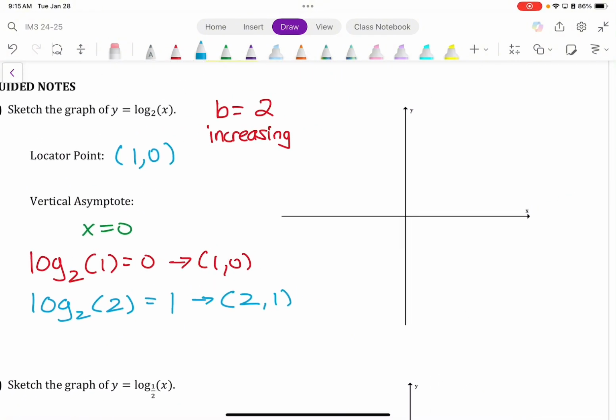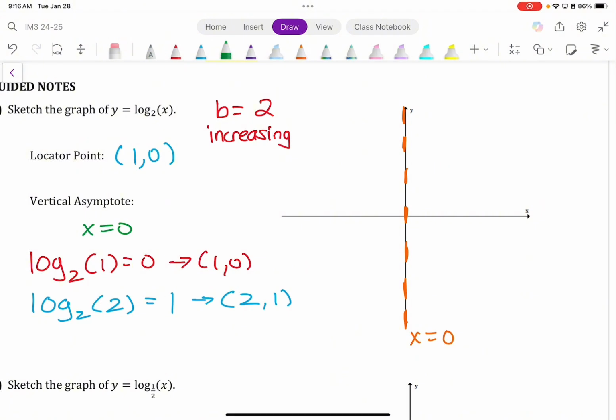So essentially, you need 5 things: your base, your locator point, your asymptote, and then 1 extra point. So now we can graph this, and we'll start off with the asymptote. We have a vertical asymptote through x equals 0.